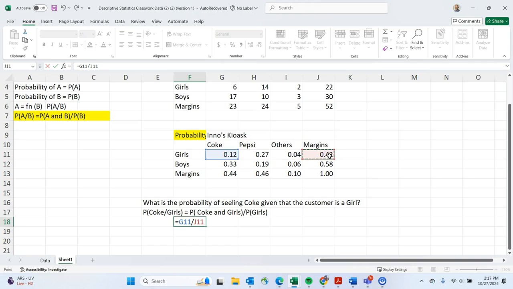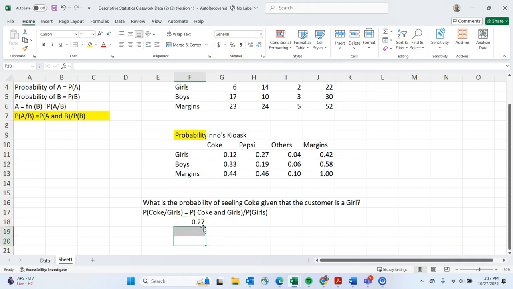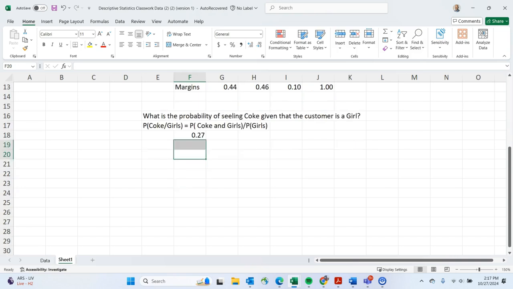And that is the answer. So we can say there is a 27% chance that we will sell Coke given that the customer is a girl. So we can look for another kind of question.